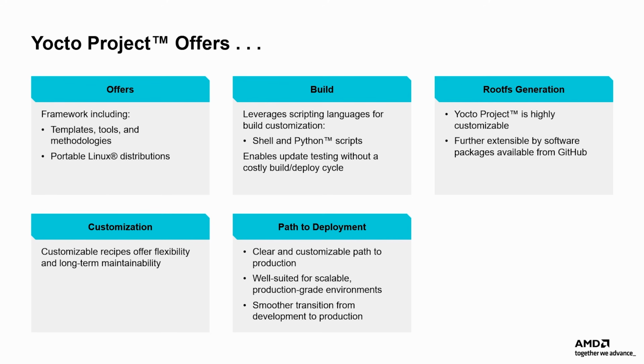It is well suited for scalable, production-grade environments where control over every aspect of the system is crucial. Yocto project allows for greater flexibility and a smoother transition from development to production with a high degree of confidence in the end product's performance and stability.